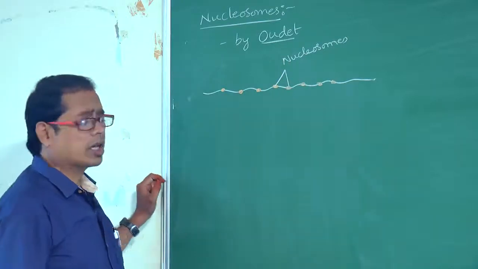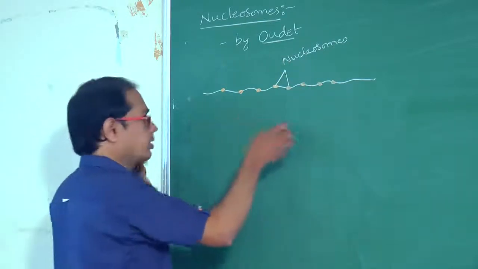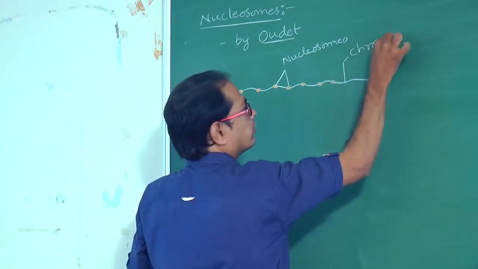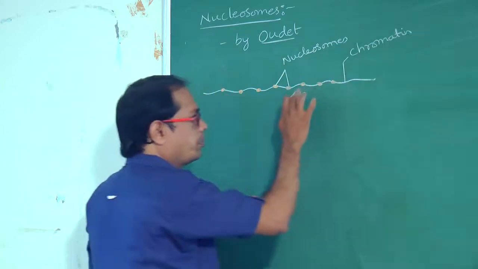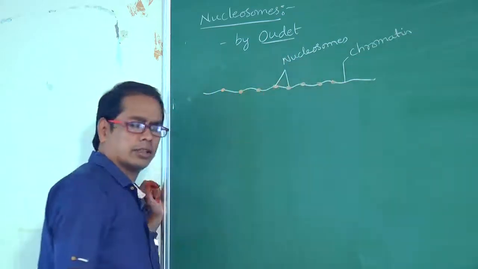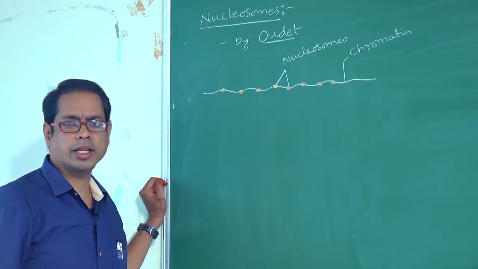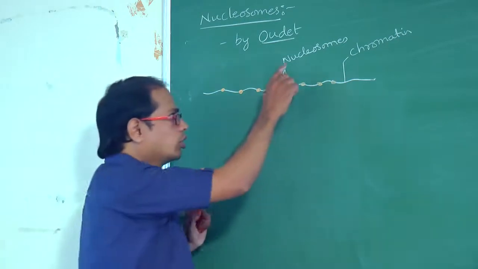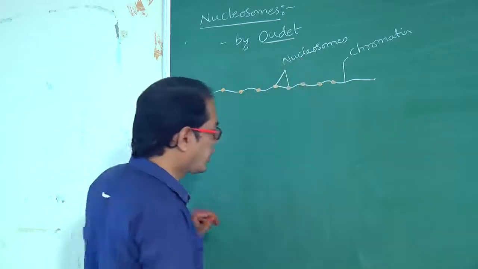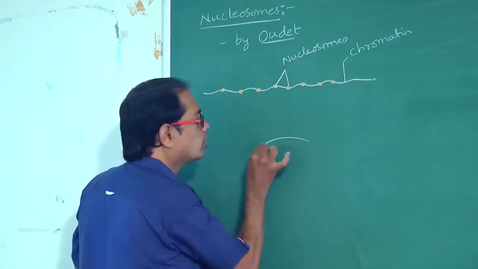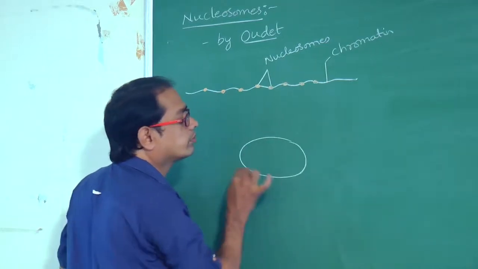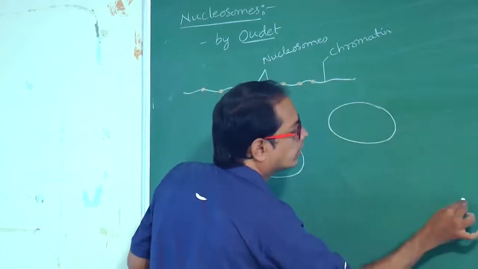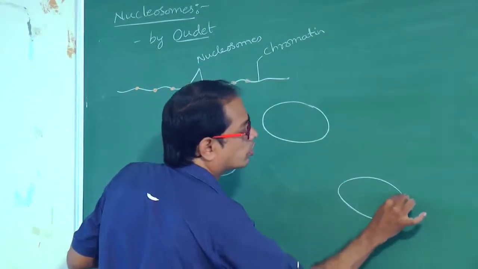So what are nucleosomes? This is nothing but a chromatin. The beads on chromatin are called nucleosomes. Right. Now this is one nucleosome and here is another nucleosome and here is another nucleosome.